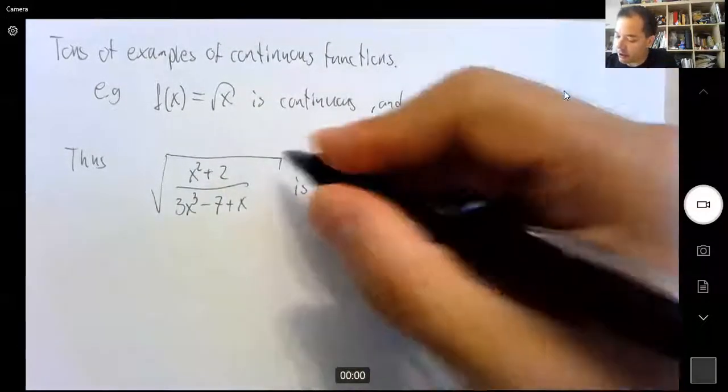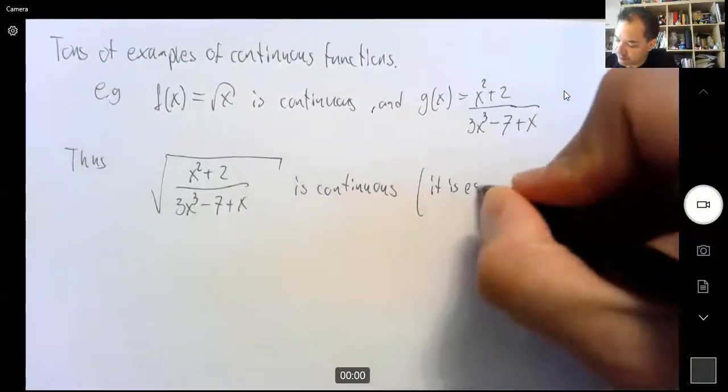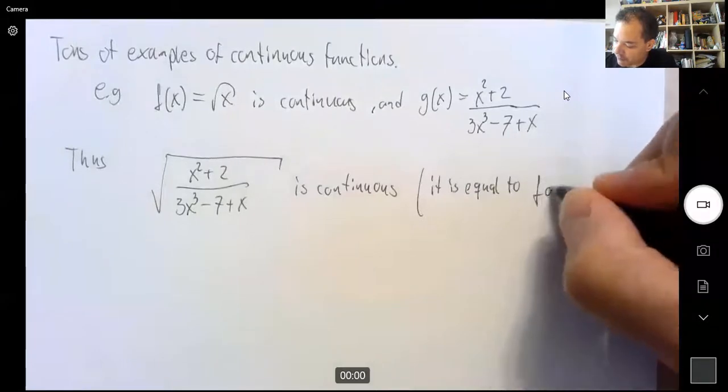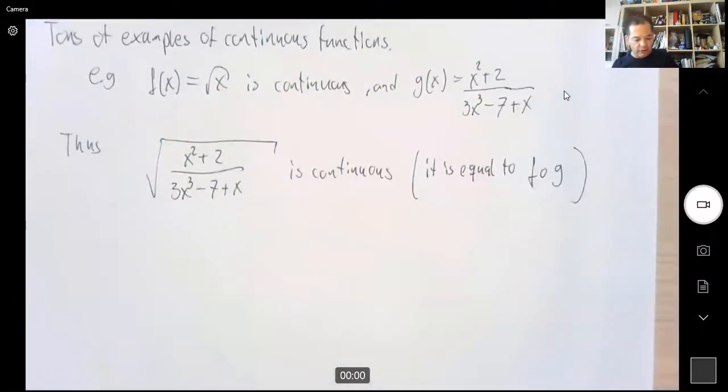Because this one is the composition. It is f composed with g. All right. Questions?